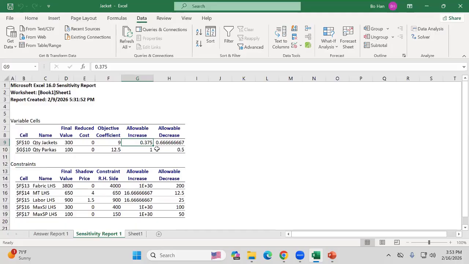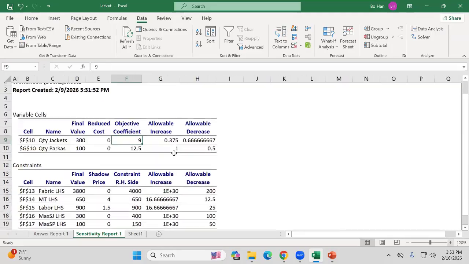What does the objective coefficient tell us? It tells us the coefficient of each product. Do you remember we said that we can get $9 as a profit by selling a jacket, right? 12.5 as a profit by selling a parka. That's exactly the value here, right?